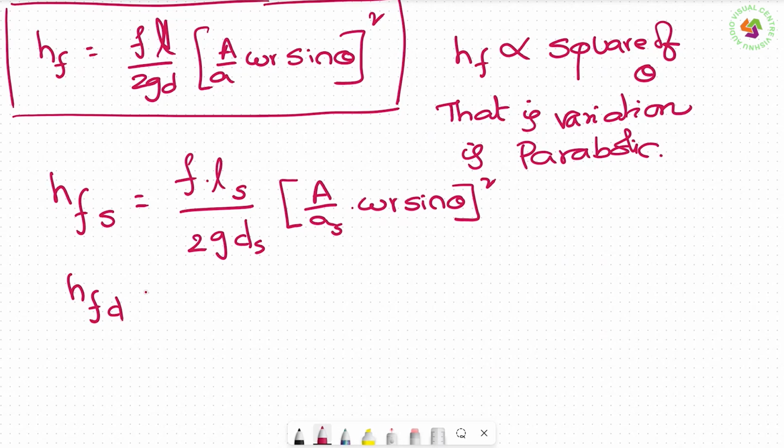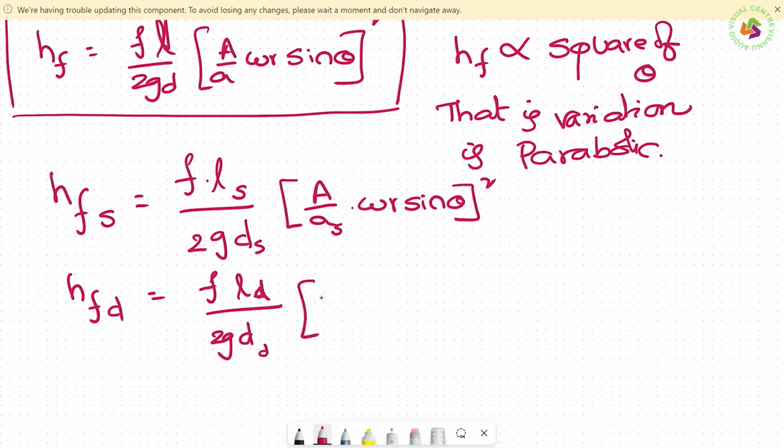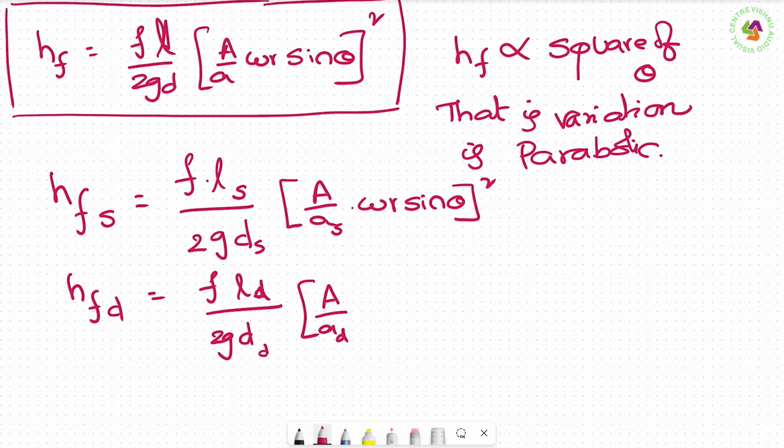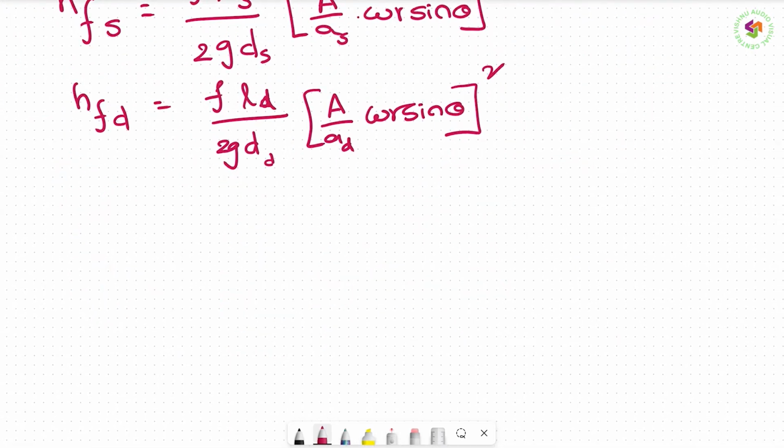Delivery pipe: hfd is equal to f ld divided by 2 g dd into A by ad omega r sine theta whole square. So these are the values. Now we will take the suction stroke.